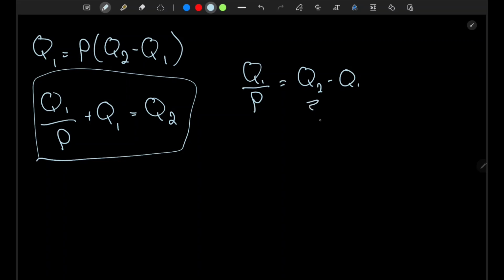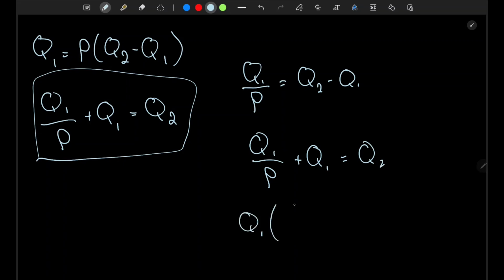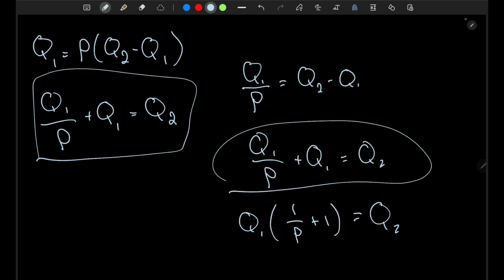And then we were isolating for Q2, so we're going to take that Q1 and push that over, and we're going to be left with Q1 over P is equal to, plus Q1 is equal to Q2. And if you really want to simplify this one again, but I think that is up to personal preference, and there we go.